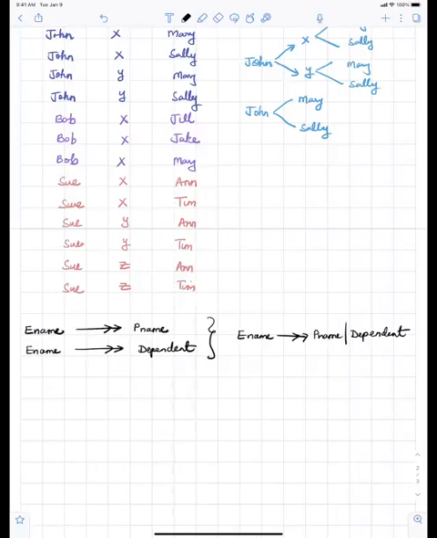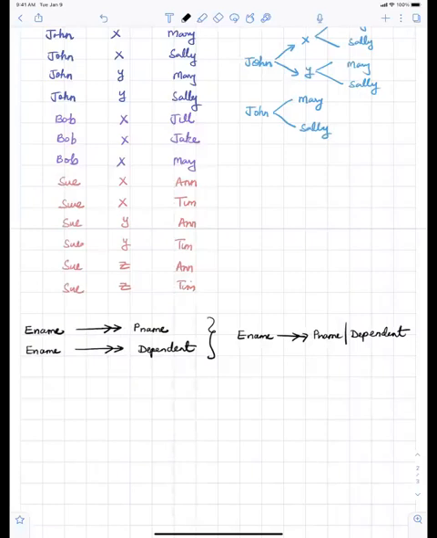So when you have this kind of multi-value dependency, it's not good to have one table, because there's just a lot of redundancy. There is the possibility of having errors.